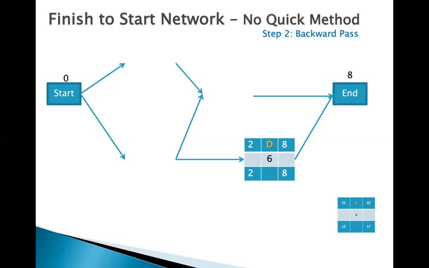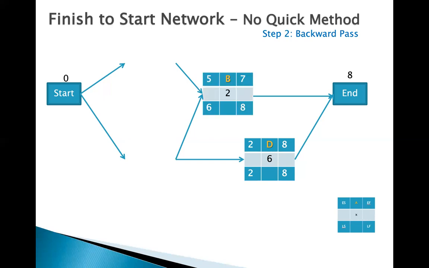It's 8 minus 6, which is 2. The same way we are ready to calculate the late finish and the late start of activity B, as in boy. So what is the late finish of activity B? It's 8. And the duration is 2. So 8 minus 2 is 6.